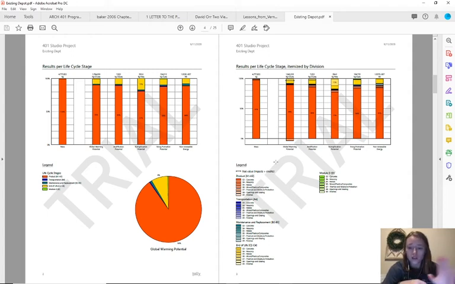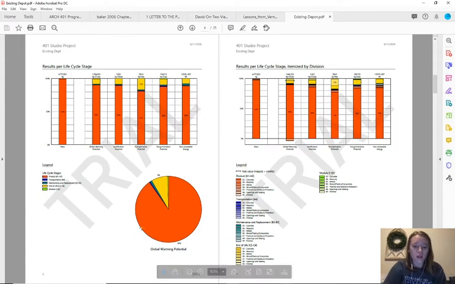You can see the similar setup to the specifications below, where you have concrete, masonry, all that fun stuff. So it's just multiple ways to sort through this information. And again, they have it in this graph format here and a pie chart as well.